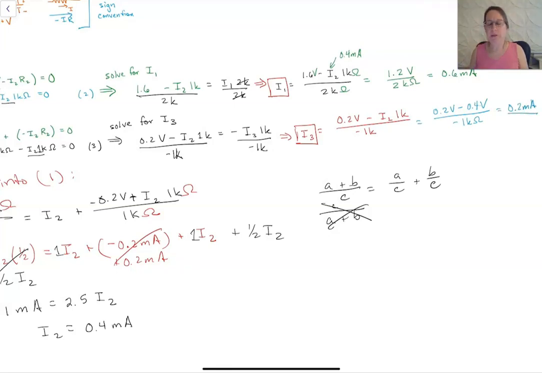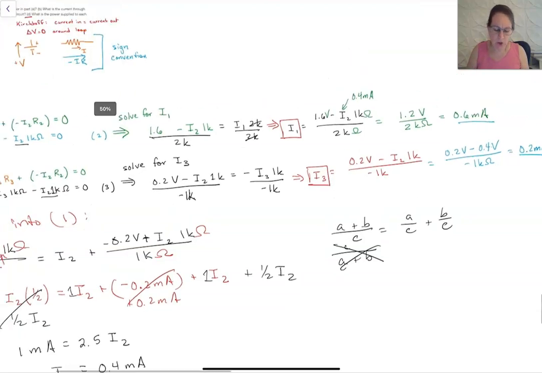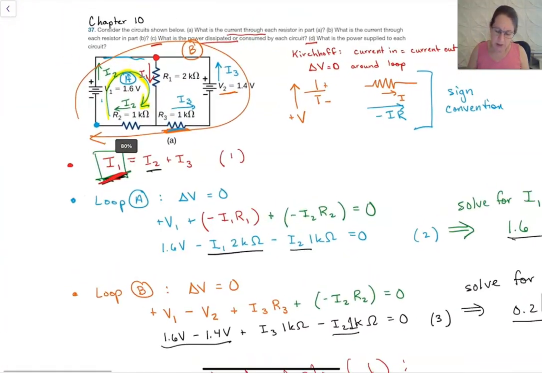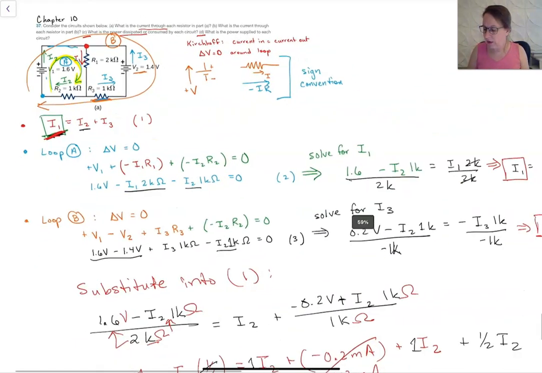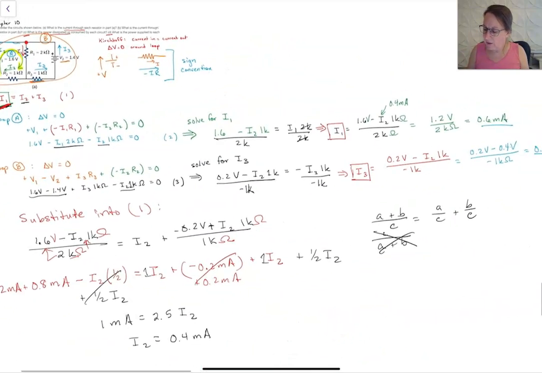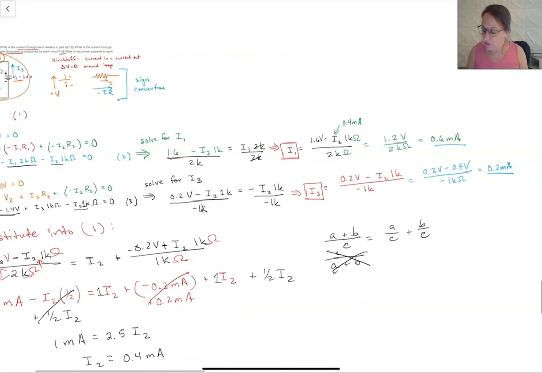If I had picked the wrong direction for the current, like I had guessed I3 was going to the left and it should be going to the right on the bottom, then I would get a negative value down here instead of the positive value, right? Because I have minus 0.2 divided by the minus 1. So it would fix itself. If you guess the direction of the current wrong, you can fix everything up.